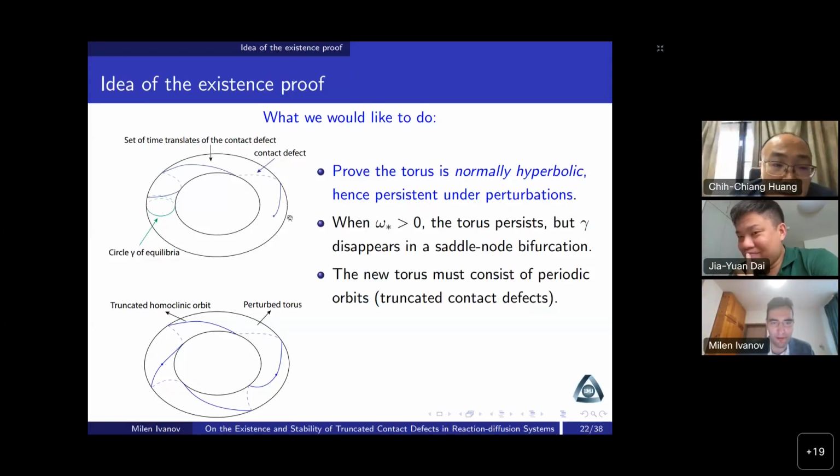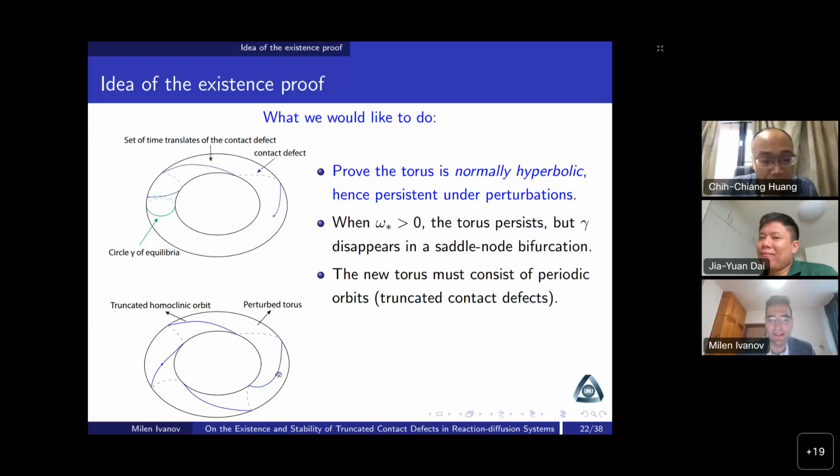So my torus is going to persist, but the circle is going to disappear in a saddle node bifurcation, because, as I said on the last slide, something is going to move and rotate, and now it can cross over here because there is no equilibrium, and it can spin and come back.